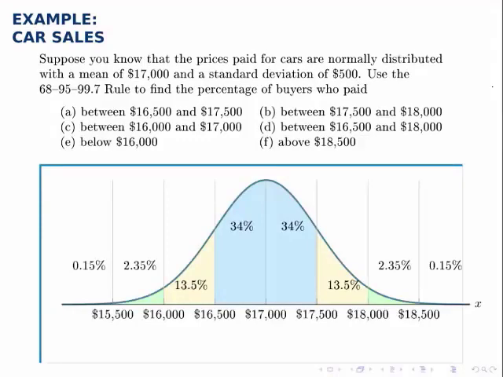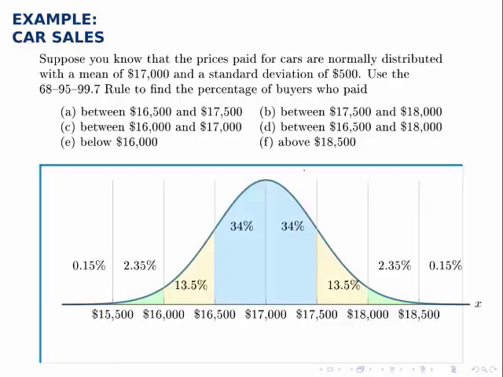The center is the mean, and then each unit on the axis is the standard deviation. So we have it centered at 17,000, we go up to 17,500, 18,000, 18,500, and we could keep going, but that's all we need. And then on the lower side, we go down to 16,500, 16,000, and 15,500.